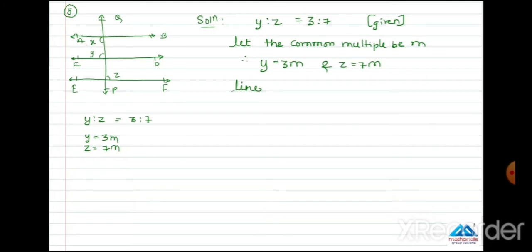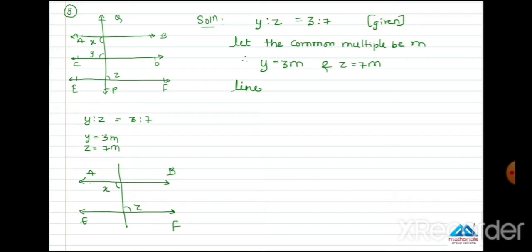In the question it is given that line AB is parallel to CD parallel to EF. So here we will take first two lines, AB and EF. The middle line we will skip for some time. First we will take AB and EF parallel, and PQ is their transversal.